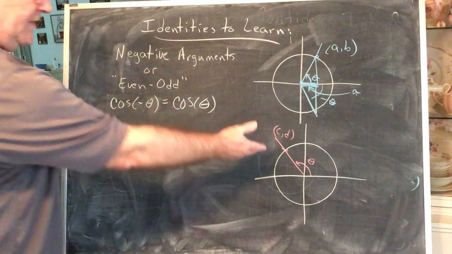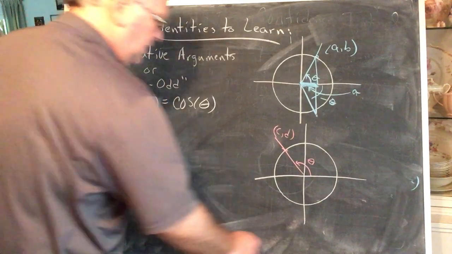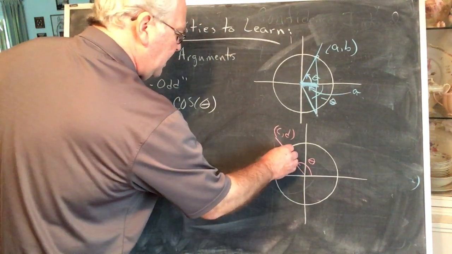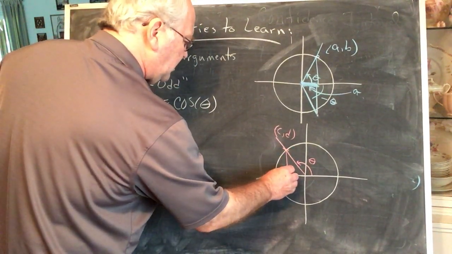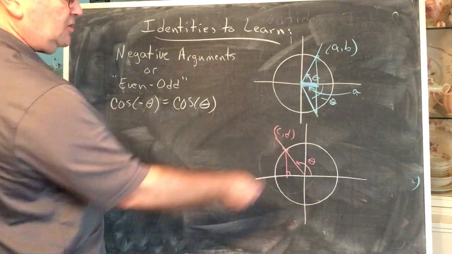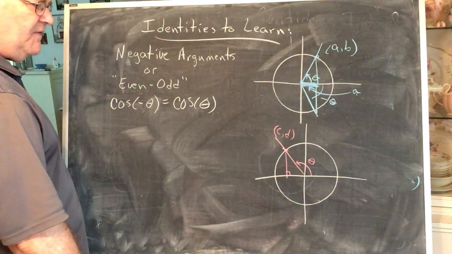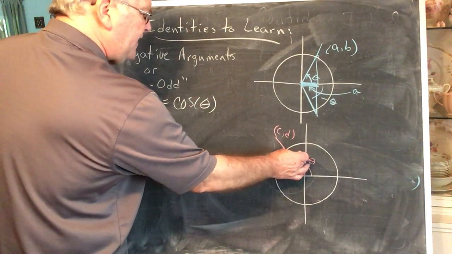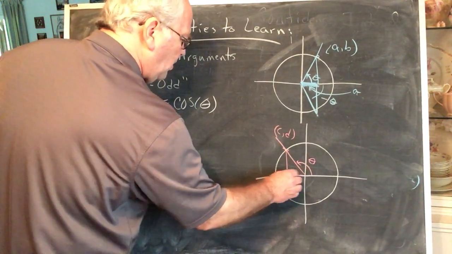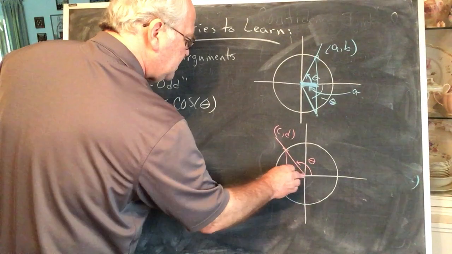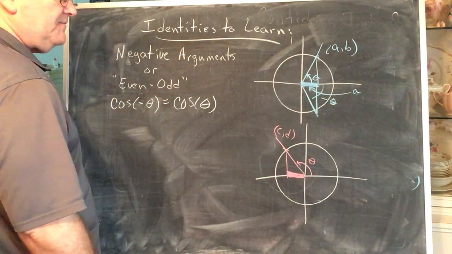Now let's see if we get the same argument here. I think it should be pretty clear. In this scenario, when we drop the perpendicular, where in this picture, again assuming this is the unit circle, is cosine of theta? Cosine of theta is the x-coordinate. That distance is cosine of theta.